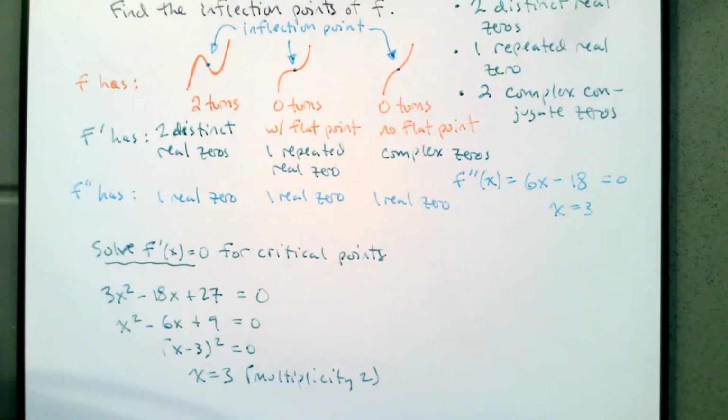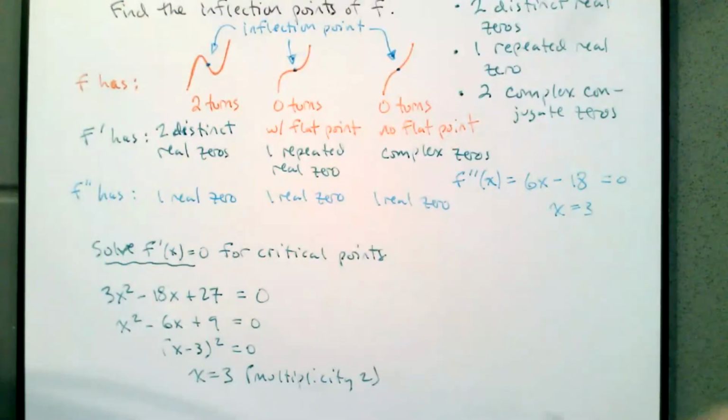But since the first derivative is a parabola, if the first derivative is equal to 0 at 3, and that's the only point where it's equal to 0, we know the first derivative is going to be positive before and positive after.